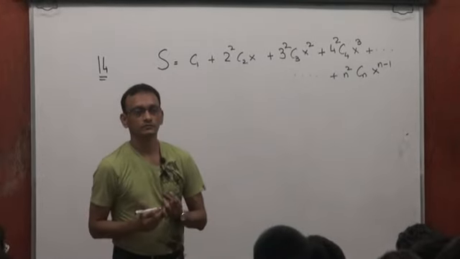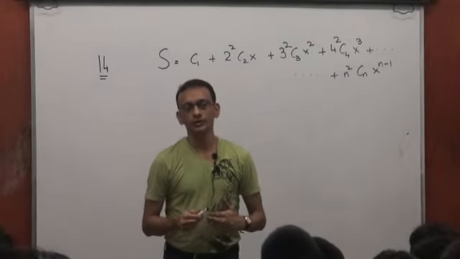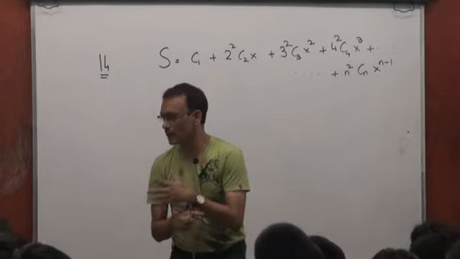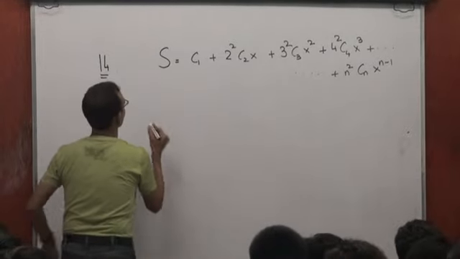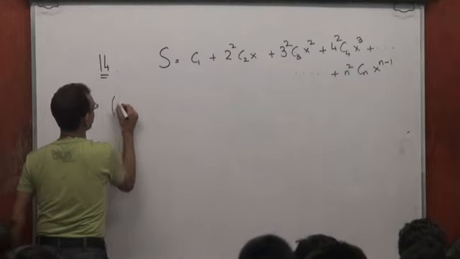Obviously, like we've always been doing, we expand (1 plus x) power n conventionally and then check what we need to be doing.